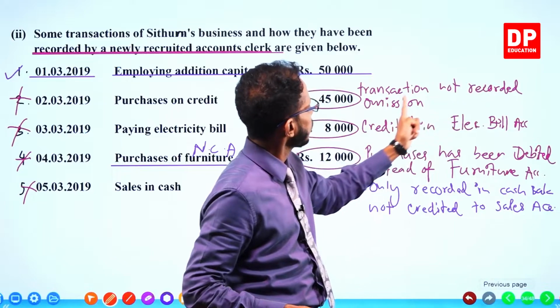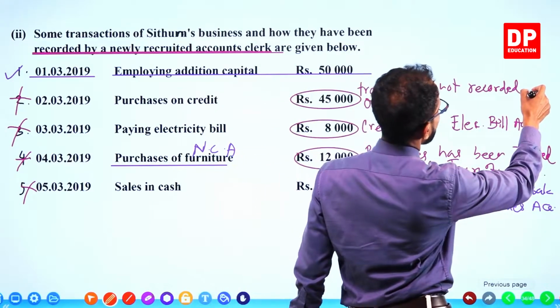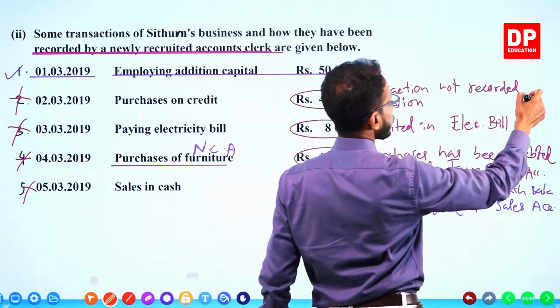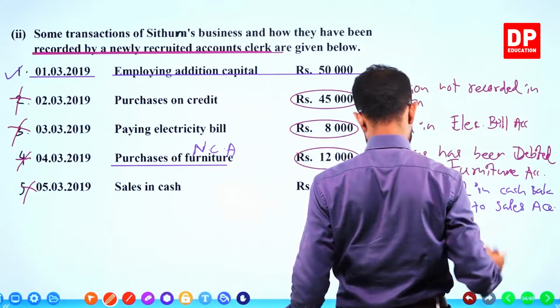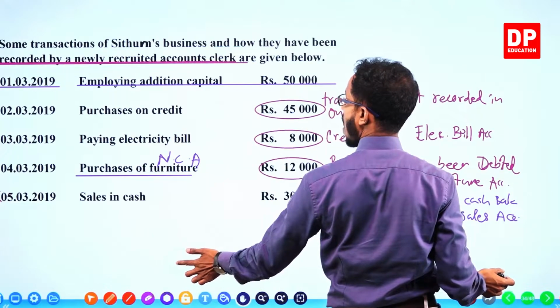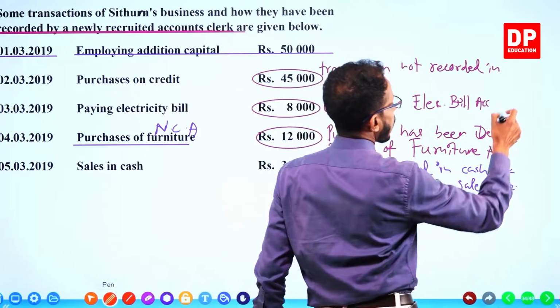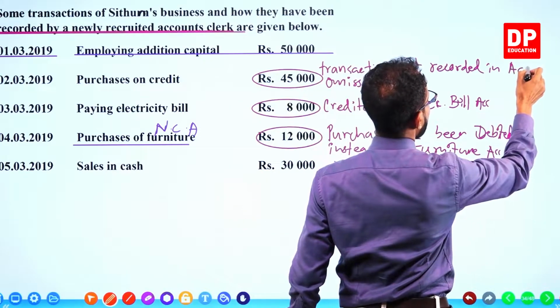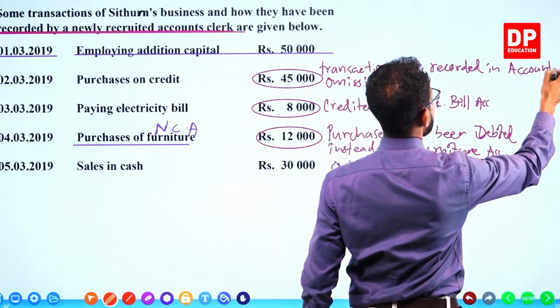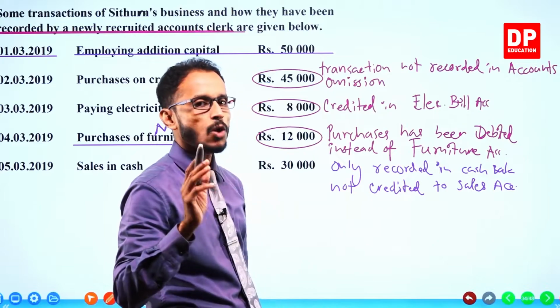Transaction not recorded in accounts. Okay, or else you can say complete omission.